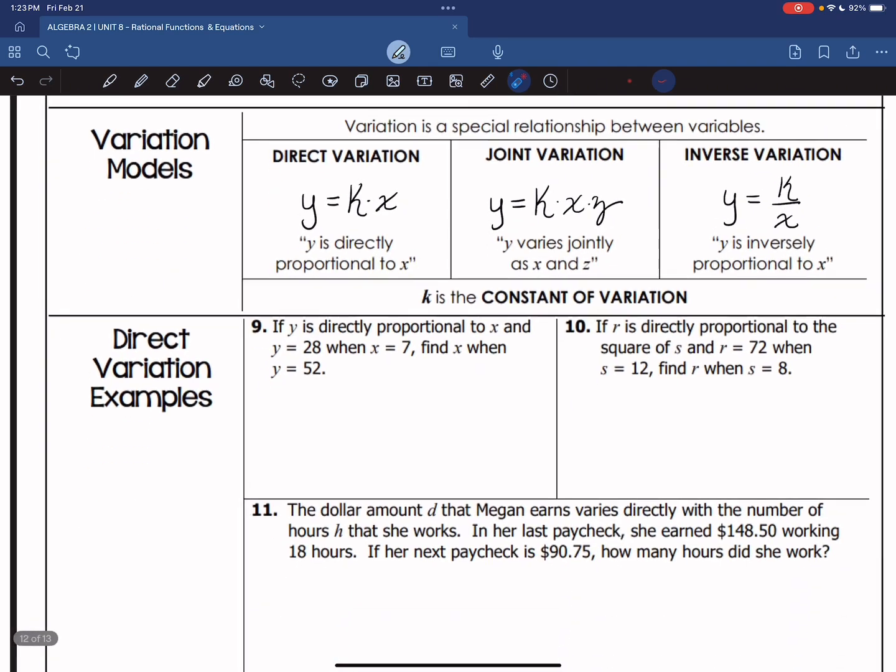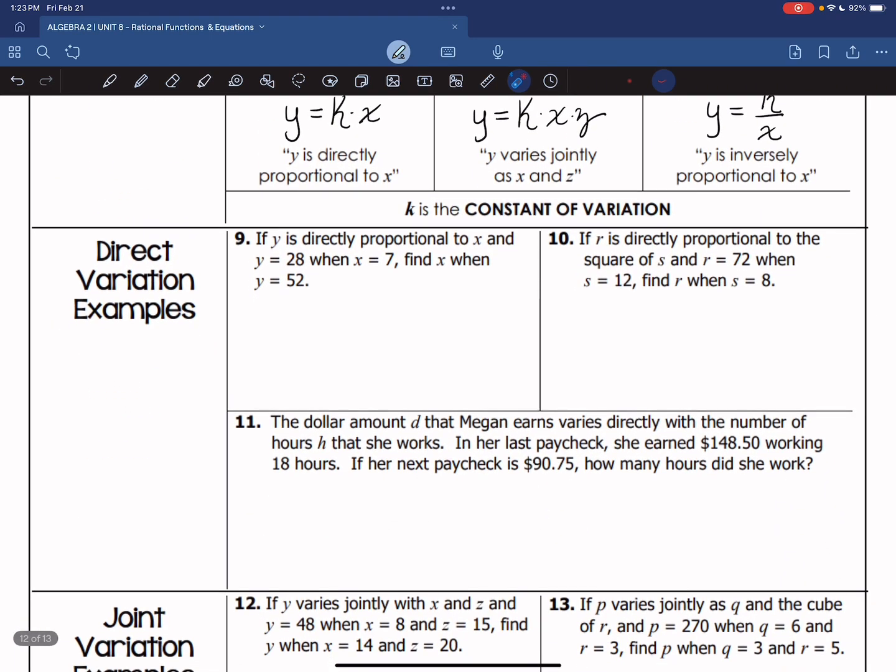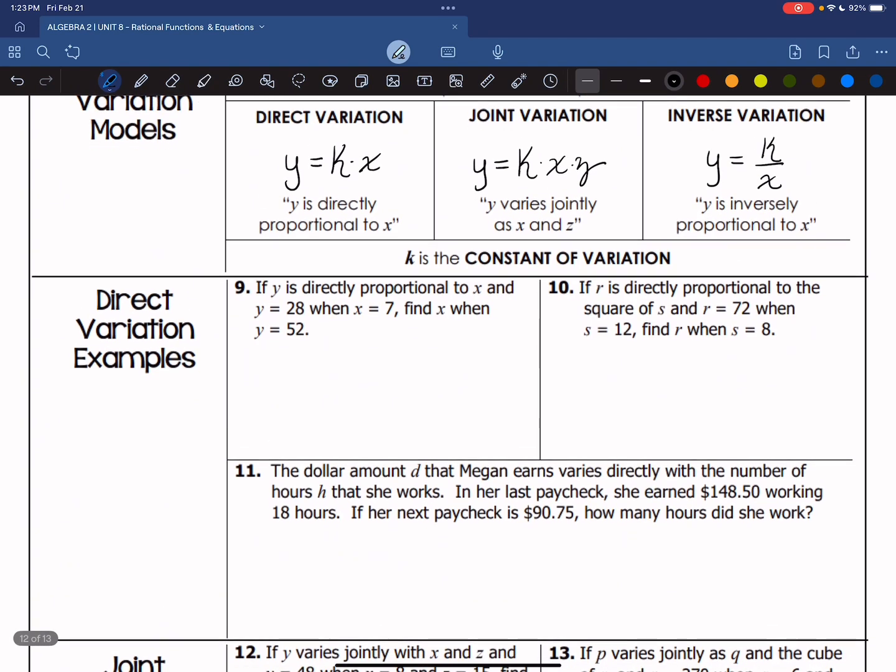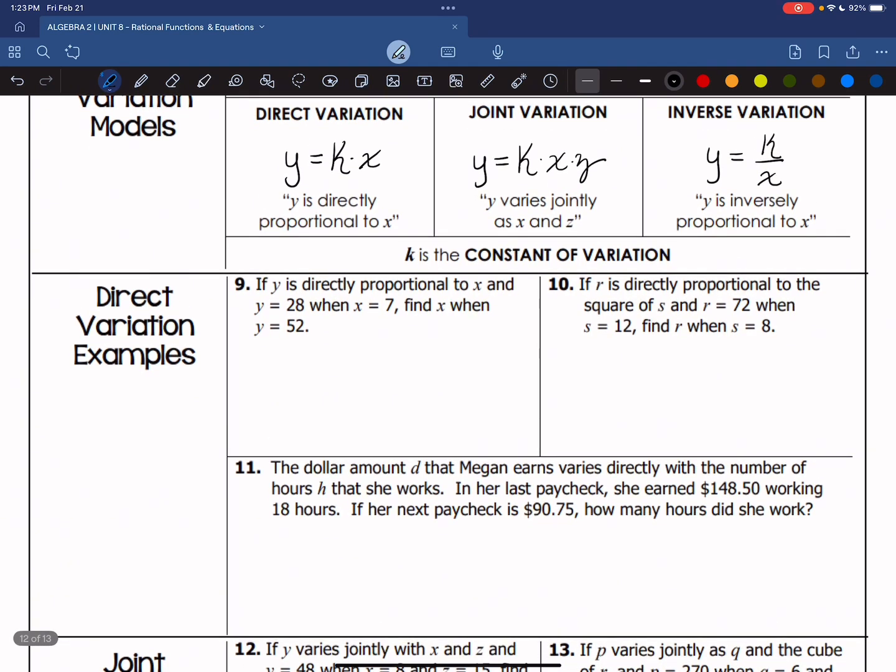So let's go ahead and look at some direct variation examples to begin with, both formulating and solving. If Y is directly proportional to X and Y is 28 when X is 7, find X when Y is 52. I read that so fast, but now let's translate that, write an equation, and solve this problem.